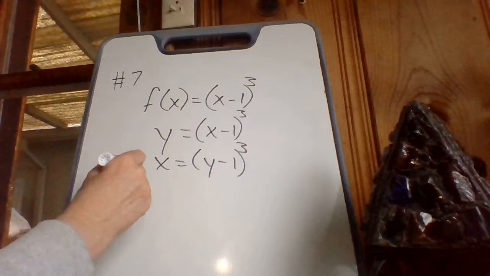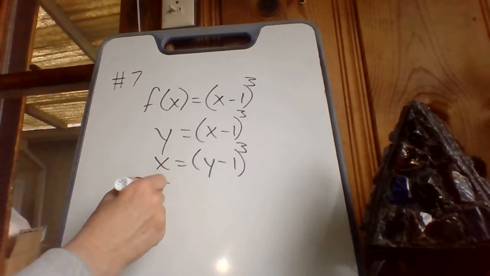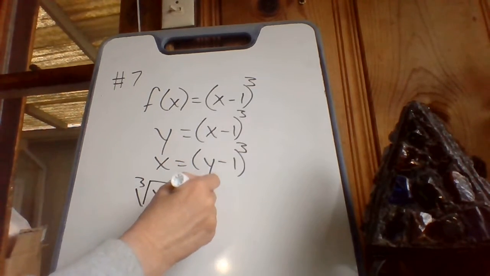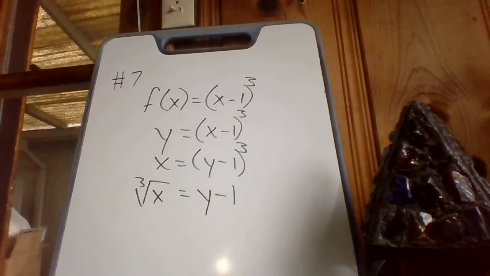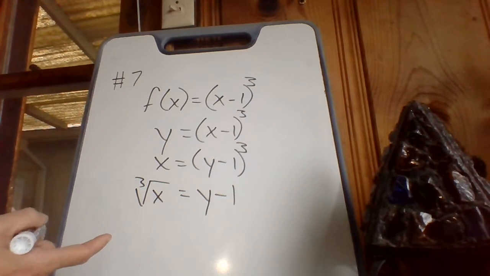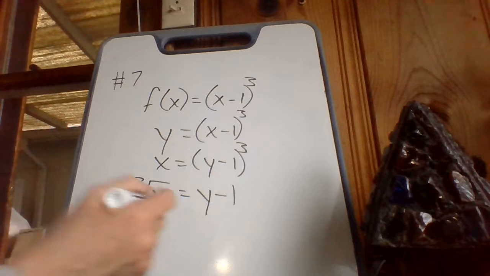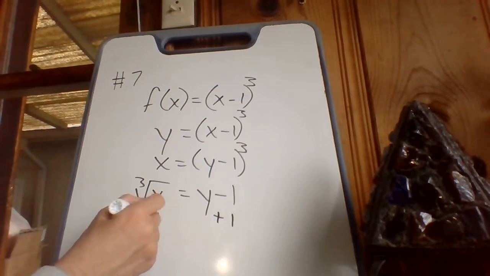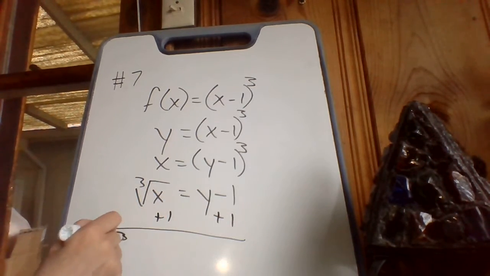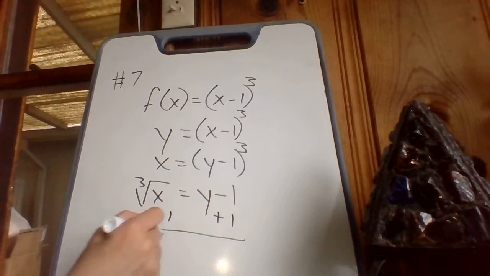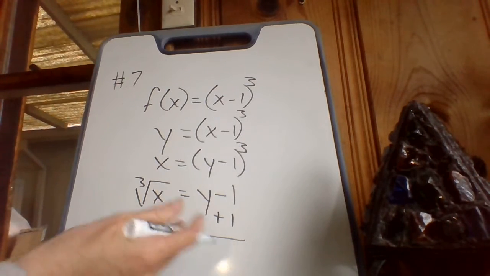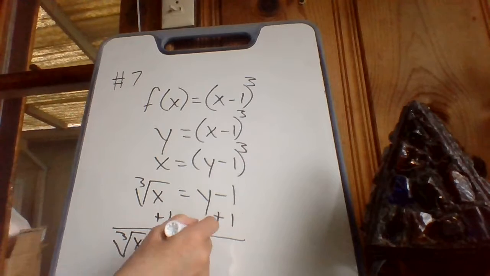So the way to undo that is cube root. Cube root never has a plus or minus. I don't even have to think about that. All right, but it's still not right. I need to plus 1 on both sides. Cube root of x and plus 1. They're not even like terms. They're not going to smoosh together. They're just both there.